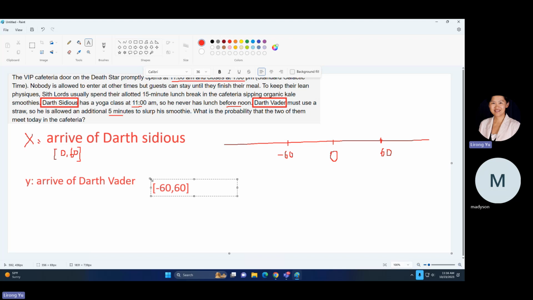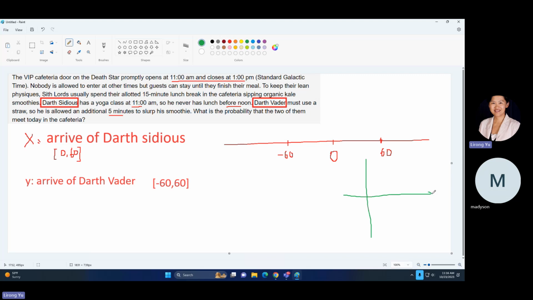Right. The mess up really changes the total look of things. Because if X is between 0 and 60, and Y is between negative 60 and positive 60, the overall picture of the domain will look like this. Remember last time I was drawing a horizontal line because I thought X was from negative 60 to positive 60.